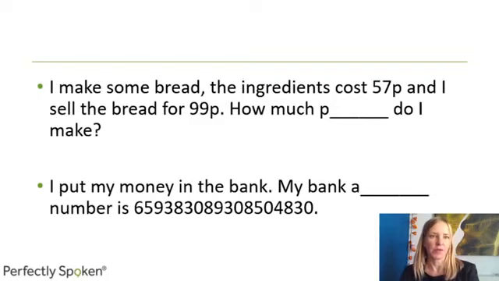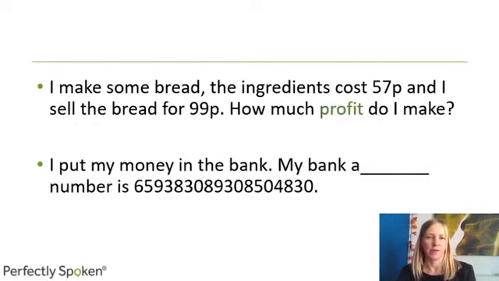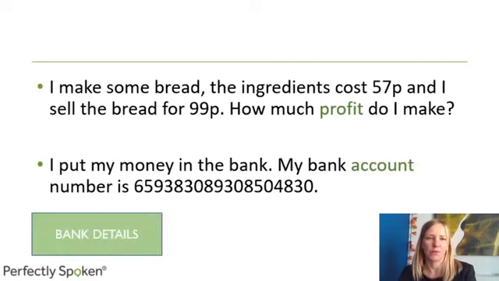Let's have a look at the second one as well. I put my money in the bank. My bank number is 65938308930850483. Okay, so first one, how much profit do I make? And the second one, bank account.